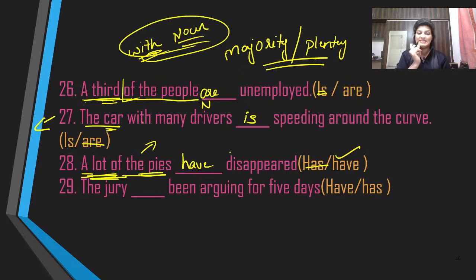Having said that, next one: the jury dash been arguing for 5 days. Let us see who will answer this question correctly. The jury dash been arguing for 5 days.